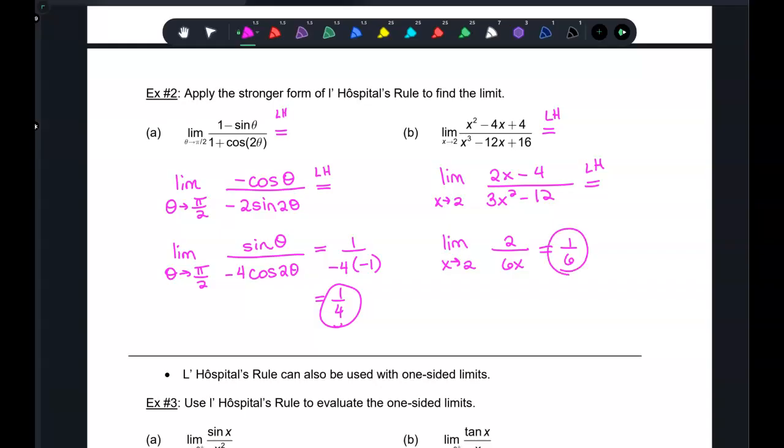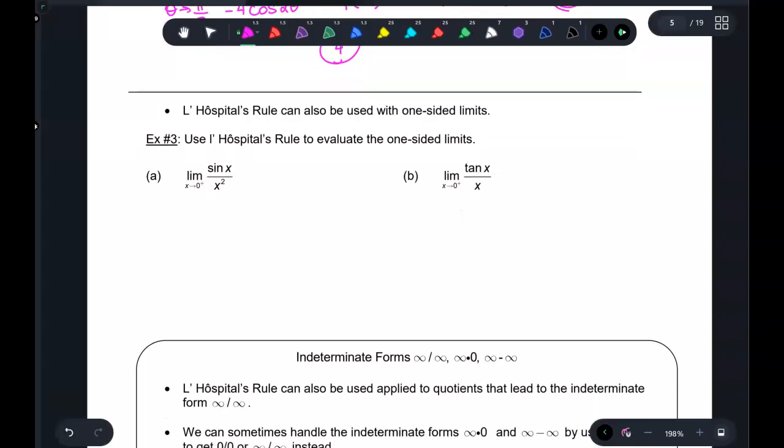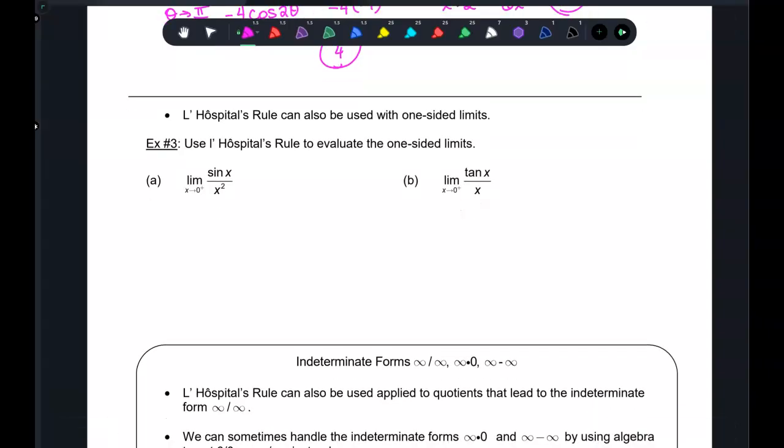Perfect. So half of the lesson, like the homework problems, they're all just going to be like this, review from last year. And then we'll get into the new stuff.